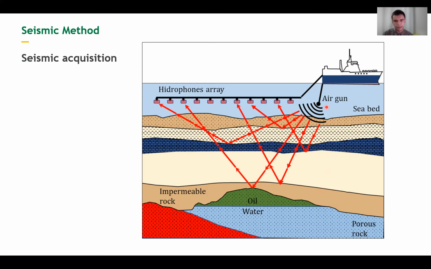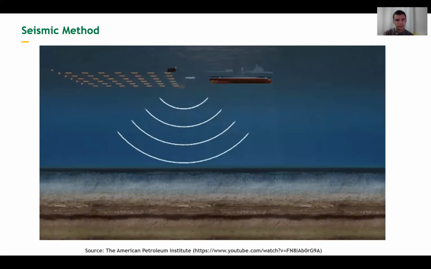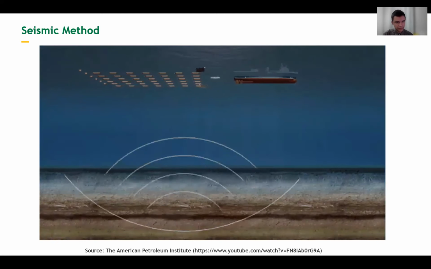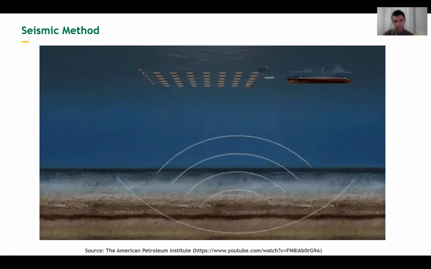Like here, the acoustic wave comes, and when it reaches the interface between two different rock types, it is reflected and recorded by an array of sensors. It is actually like a huge ultrasound, but instead of a baby, we are trying to find an oil reservoir.